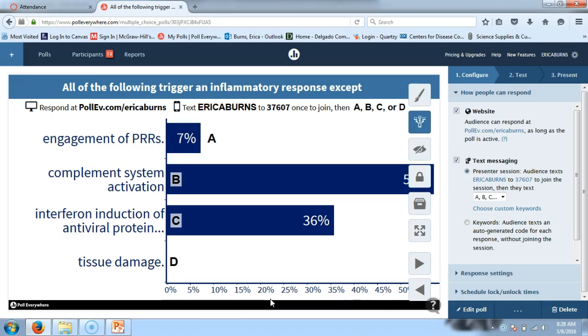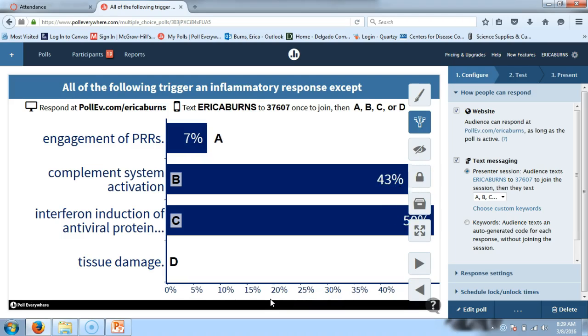It's one of the major outcomes of these receptors getting triggered. Complement system activation, we're going to cover today, and the answer to that is yes. Complement activation is going to usually elicit inflammation response. Tissue damage is the one we already talked about. That is going to elicit inflammation response.